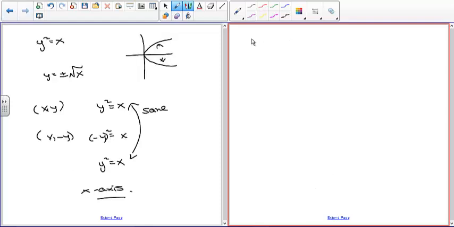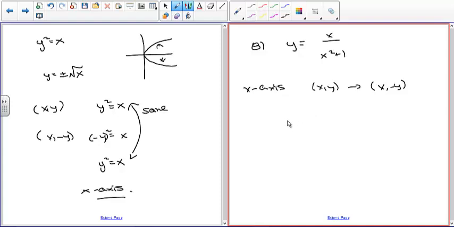Okay. The last example that we have is y equals x over x squared plus 1. So this one is not as obvious what it is. So let's apply all these different ways. So we've got x-axis, which says x, y is the same as x, negative y. So let's try that.